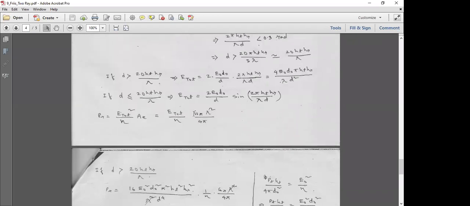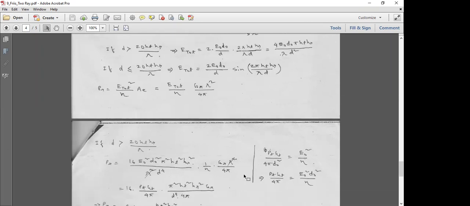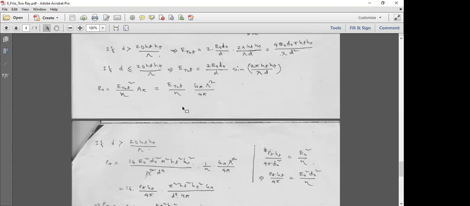For E total, we have two different expressions for two different cases. First, we consider the case where the approximation is possible, then put the value of E total. Here we have 1 over eta, then Gr lambda square by 4 pi, and lambda square you can cancel.